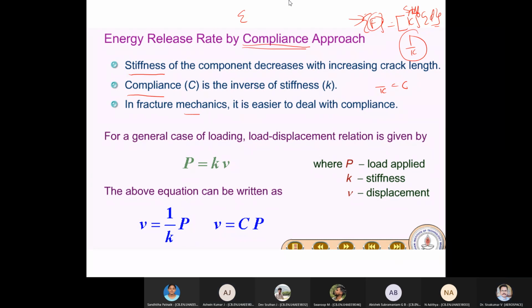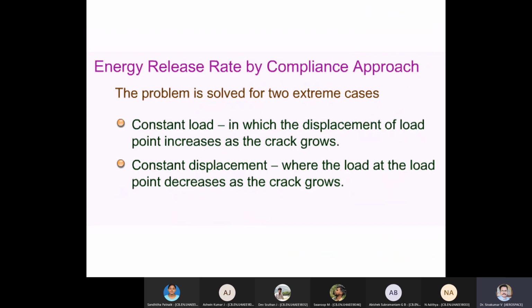So, this is the equilibrium equation: P is equal to K into V. This equation can be written as V is equal to 1 by K into P, and this 1 by K is nothing but C, so V is equal to C into P, where C is the compliance. Now, energy release rate by the compliance approach. We have two cases: one is constant load, another is constant displacement.